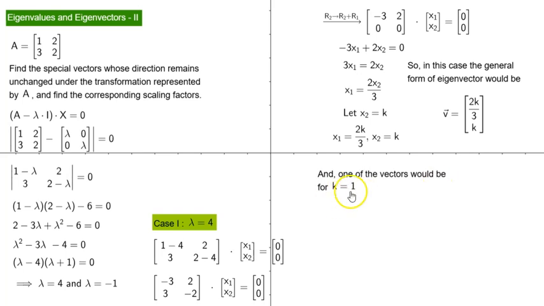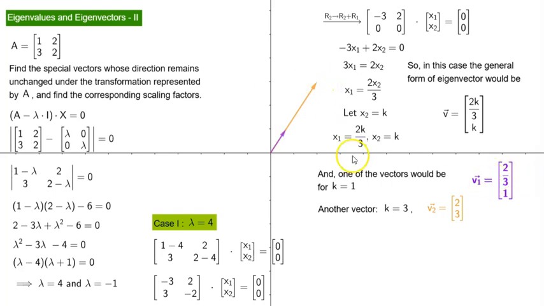One of the vectors would be, for k equal to 1, v1 equal to (2 by 3, 1). Another vector could be for k equal to 3. We just take different values of k to arrive at different vectors. So v2 equal to (2, 3). Here, this is vector (2, 3).